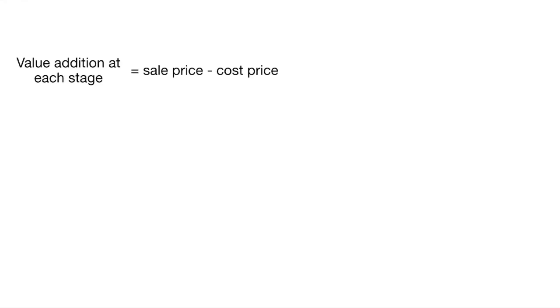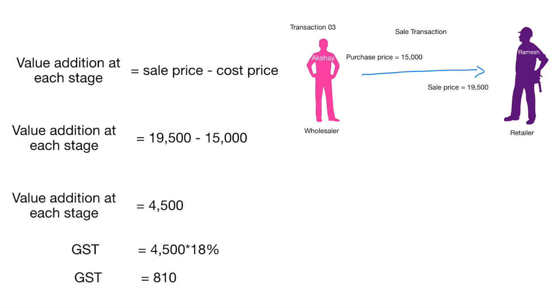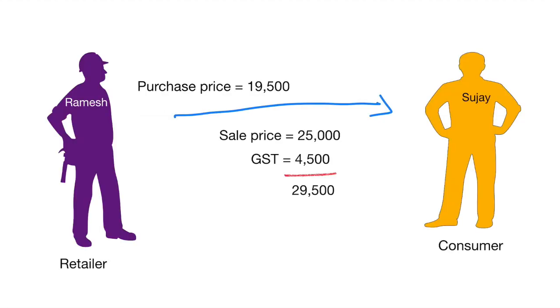By applying the formula, value addition comes to 4,500. So GST will be 810, 18% on 4,500. So Akshay will pay only 810 as GST to the government in this method as compared to 3,510 from the last method.